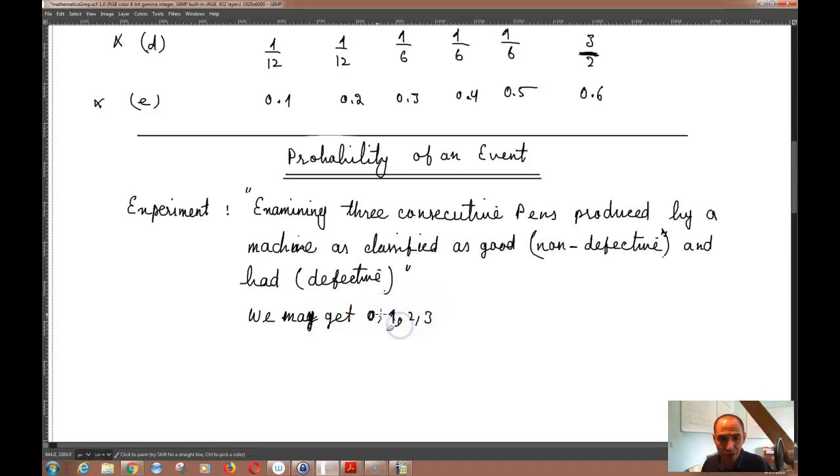Of course you may get 0 or 1 or 2 or 3, because the total number of pens is 3. So you may get 0, 1, 2 or 3 defective pens as a result of this experiment, of this examination.